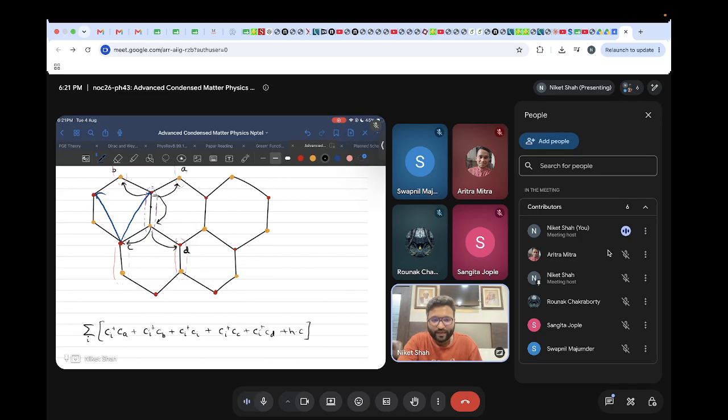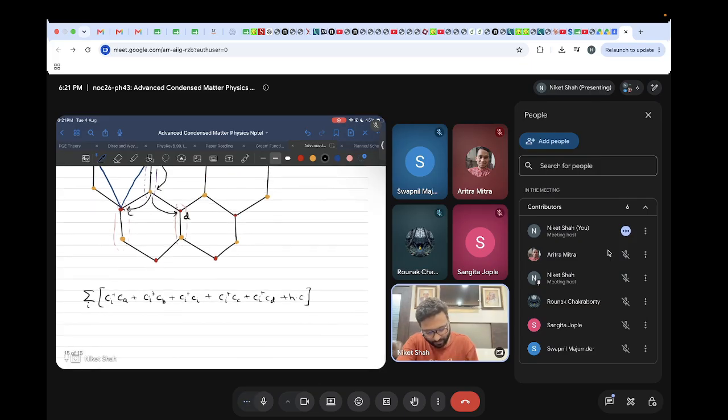So this is my entire Hamiltonian in the R space.